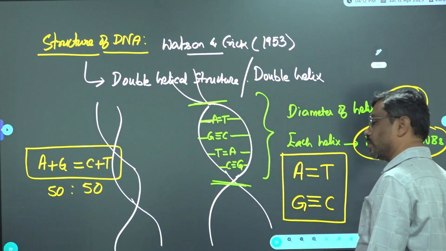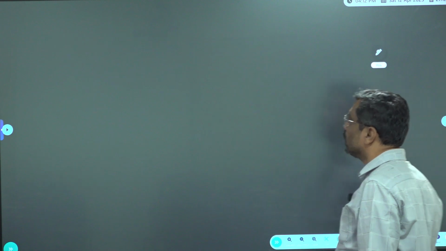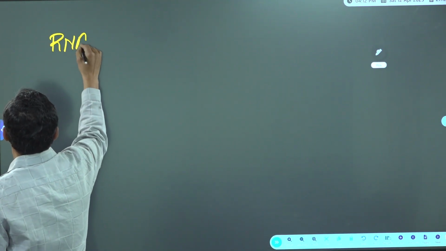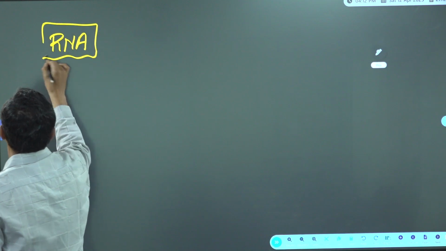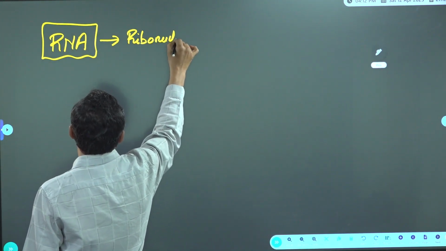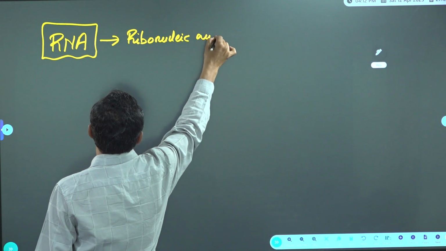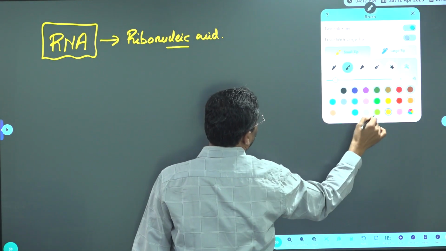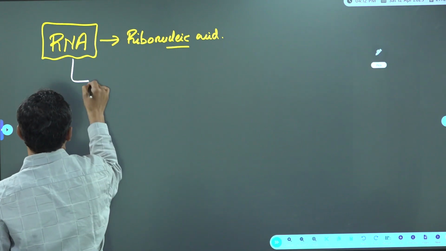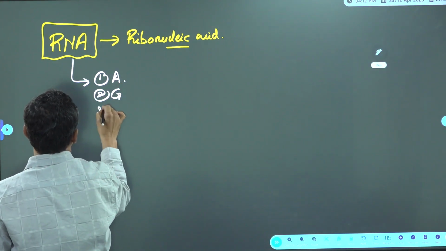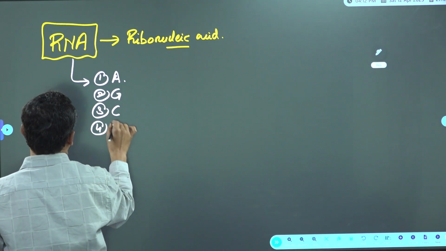Next, RNA. Let us see the structure of RNA. RNA is called ribonucleic acid. It is made up of the nitrogen bases adenine, guanine, cytosine, and uracil.